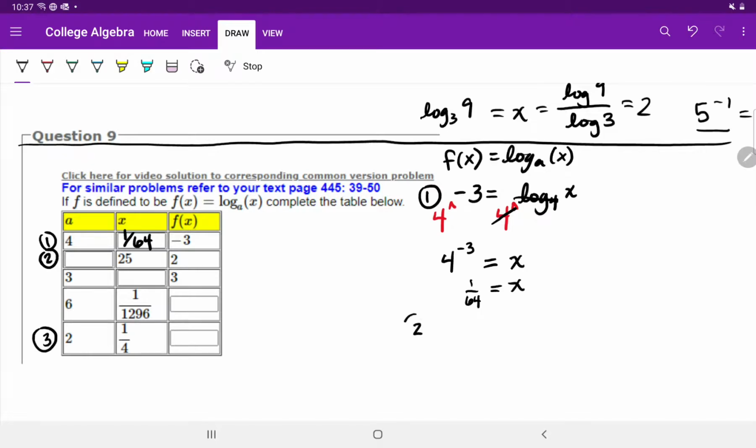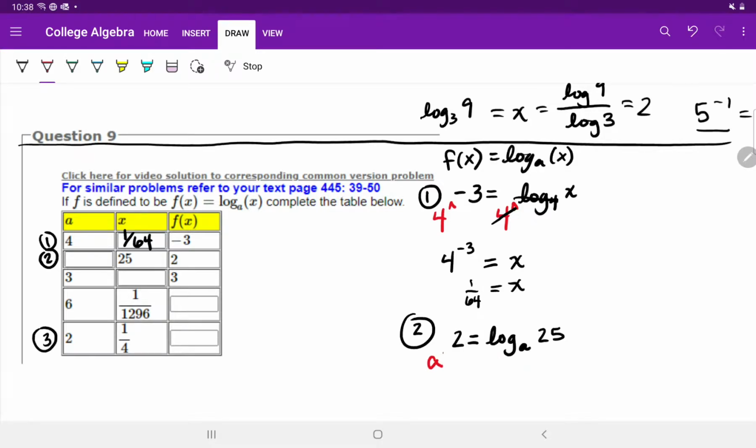For number 2, we are given an f of x value of 2. We are not given an a value, but we are given an x value, 25. So in order to solve for a, I'm not going to be able to do that while it's sitting here as the base of my logarithm. So we're going to need to find a way to eliminate this log base a. And it'll work very similar to the last example.